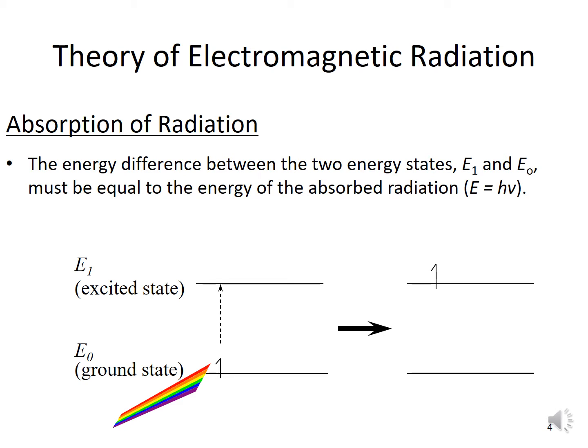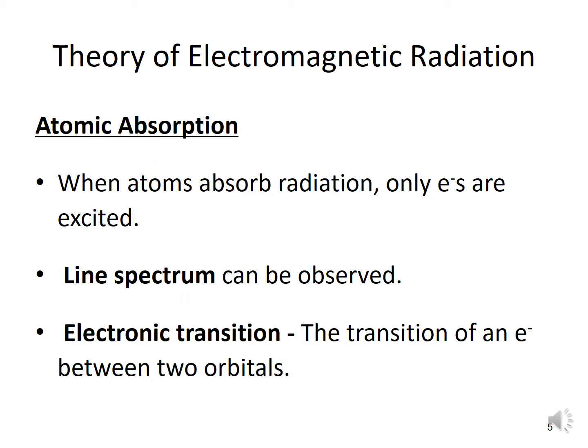During this process, it absorbs a certain amount of energy from the external source, and then it stays at the excited state. When an atom absorbs radiation, only electrons are excited, so the process of excitation only involves an electron.